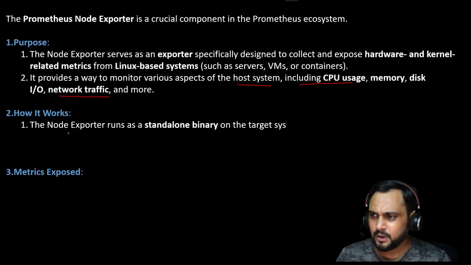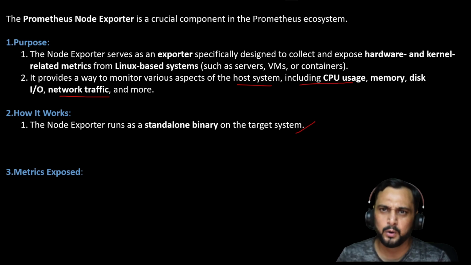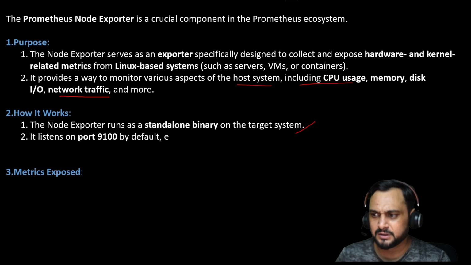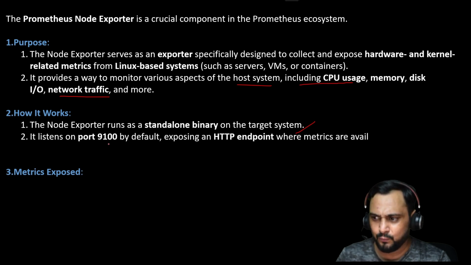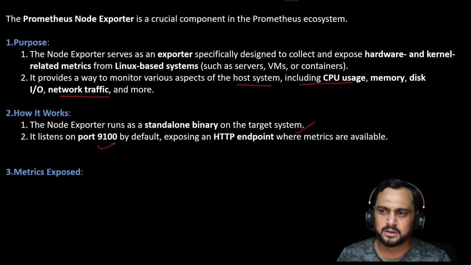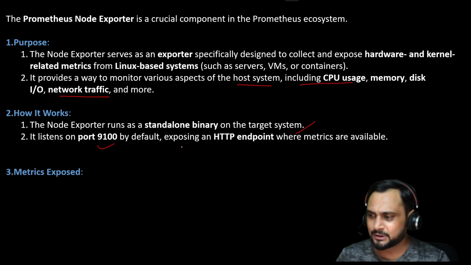How does it work? The node exporter runs as a standalone binary on the target system. Prometheus provides us a standalone binary that we need to install on the client machine that we want to monitor. It listens on port number 9100, while Prometheus listens on 9090 by default, exposing an HTTP endpoint where the metrics are available.